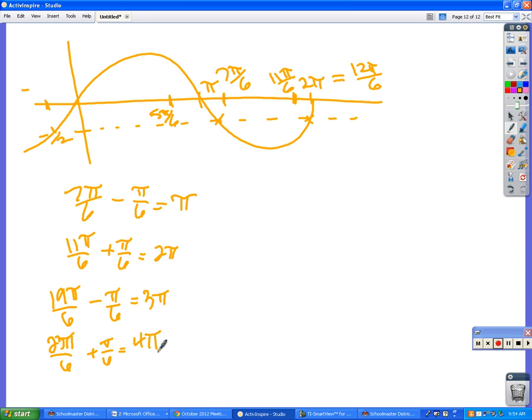So this is a nice one because I can take any multiple of pi. So I'm going to call that just plain old n pi. And if I add or subtract pi over 6 from that, then I will get a sine of -1/2. Okay? So if you look it up in the back, I think this is the answer that they give you. They might use a K instead of an N, I'm not sure.